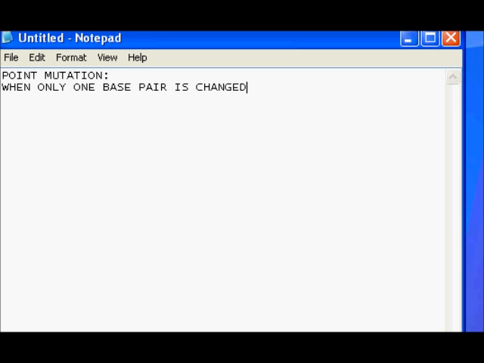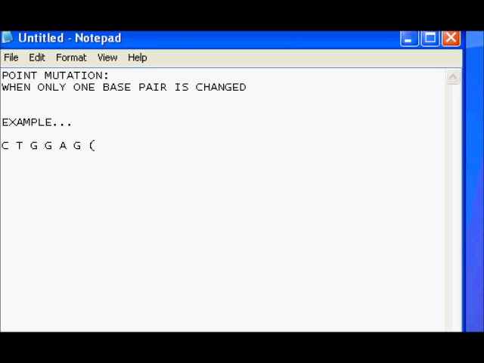For this example, I'm going to start with this sequence: C, T, G, G, A, and G. So this is the original. And then we're going to change it.